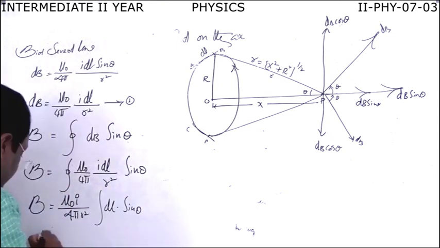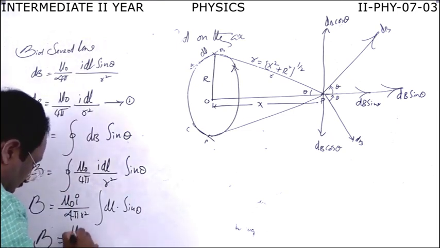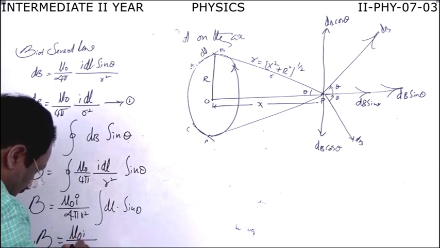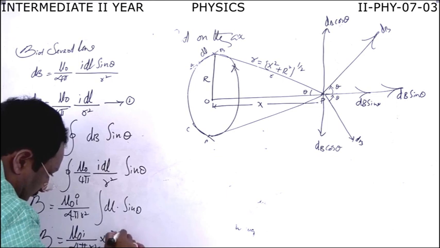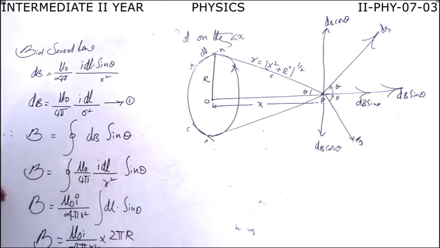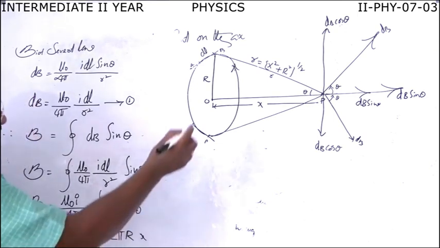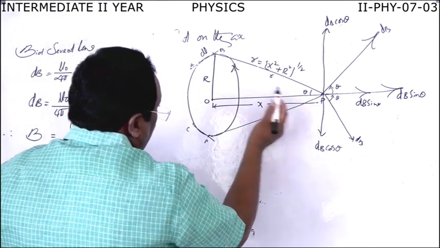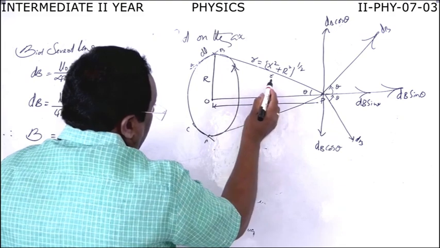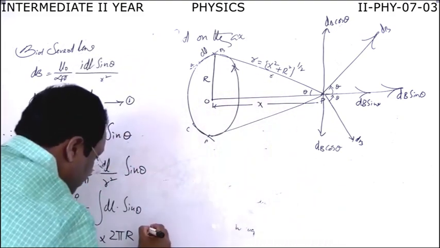Now B is equal to mu naught I by 4 pi r square, dl becomes 2 pi R, the perimeter of the coil. R is equal to the radius of the coil. Sin theta, from this figure, sin theta is equal to opposite side by hypotenuse, capital R by small r.